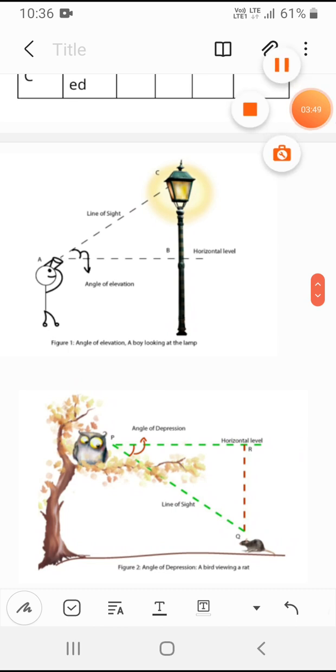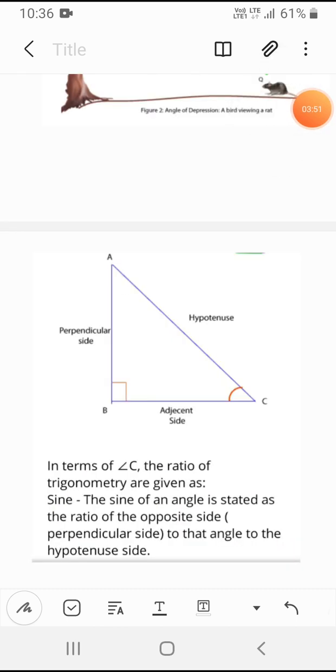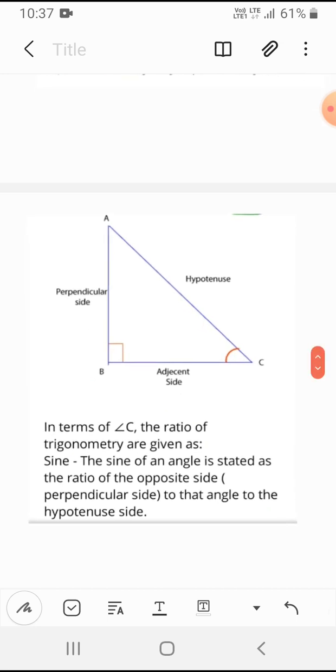Next, you have to draw a triangle. The side opposite to the 90 degree is called the hypotenuse, the line BC is called the adjacent, and here it is called the perpendicular side. So what is the formula for sine?